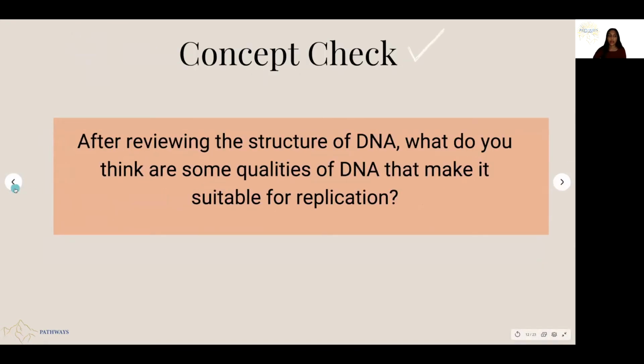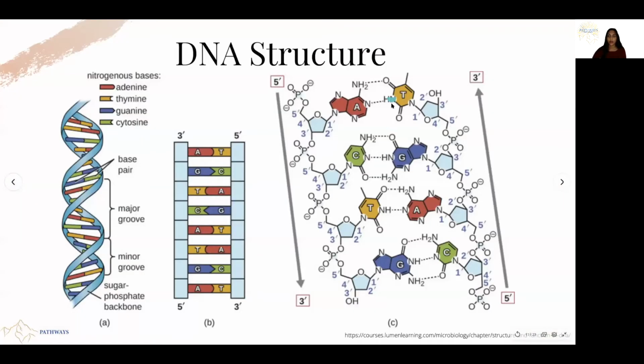If we go back to this picture, we can see that if we cut the DNA ladder in half, we'll get one strand and we'll get another strand. And the cool thing is that because there are rules for pairing, even if we only have one strand, we can figure out what the other strand will be.